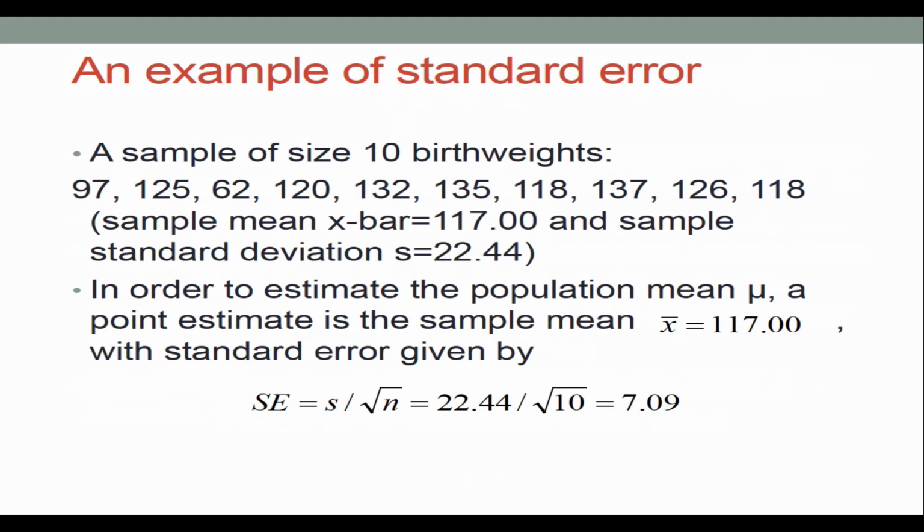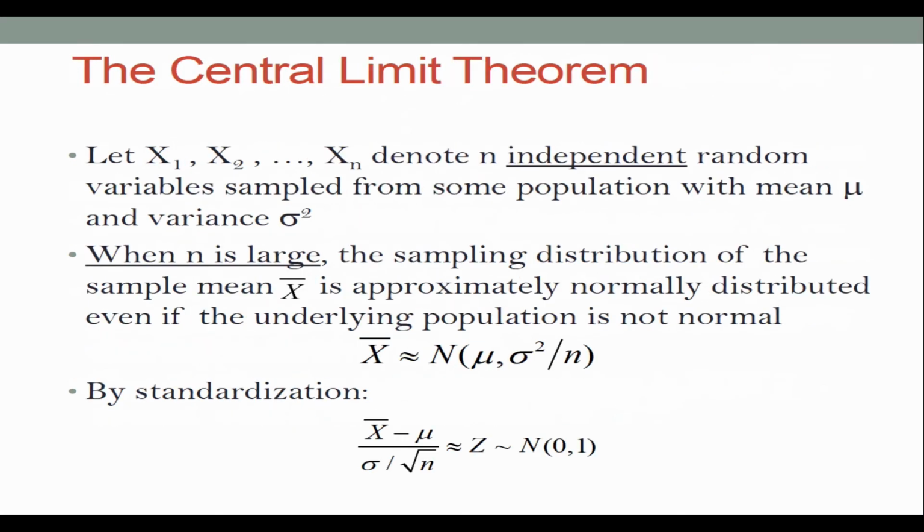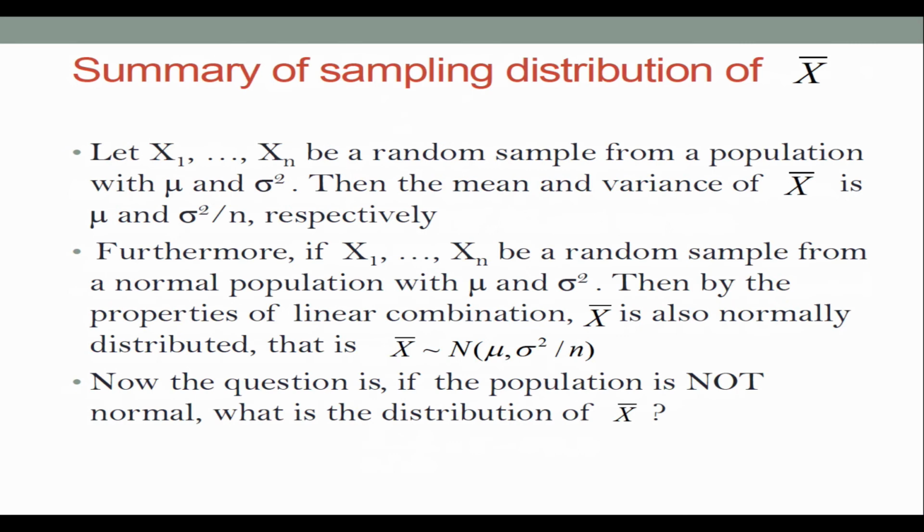From that sample, you can use the sample mean and the sample variance to estimate the population mean and the population variance. After you get the estimate for the population variance, you can associate it with the standard error for capital X bar, the random variable for the sample mean. Is that okay?